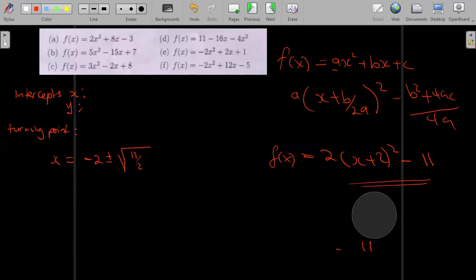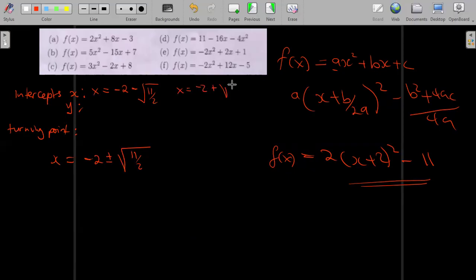That tells me I have two values of x. The first value of x is negative 2 minus root 11 over 2. Then the other value of x is negative 2 plus root 11 over 2.